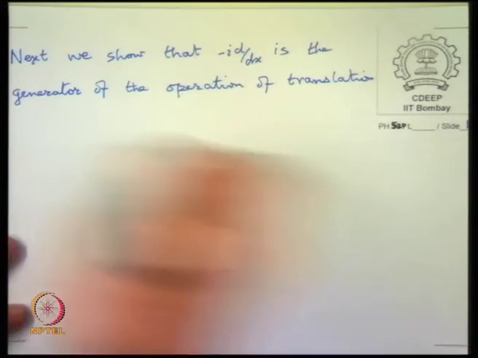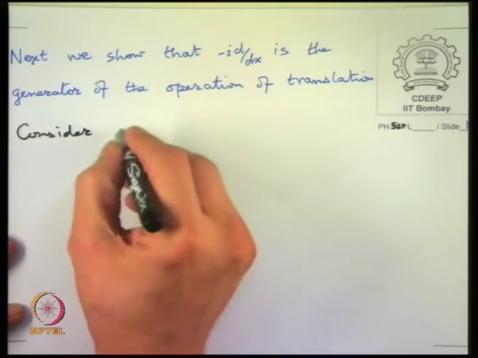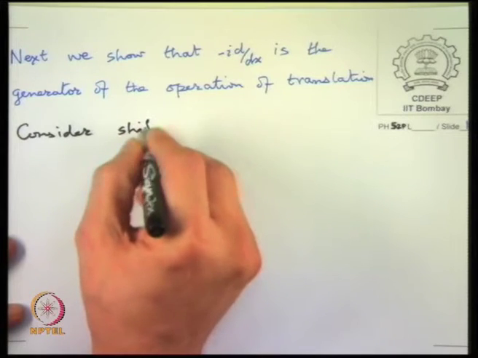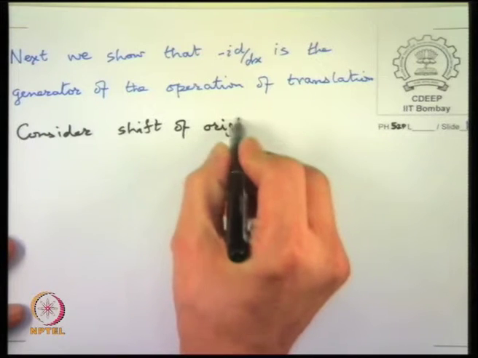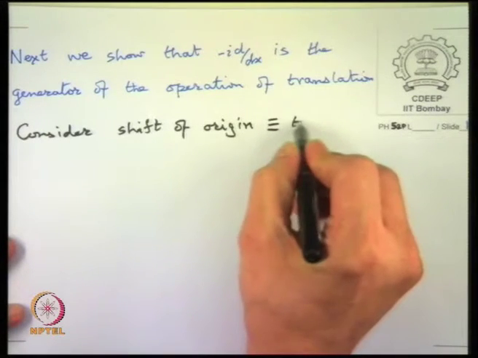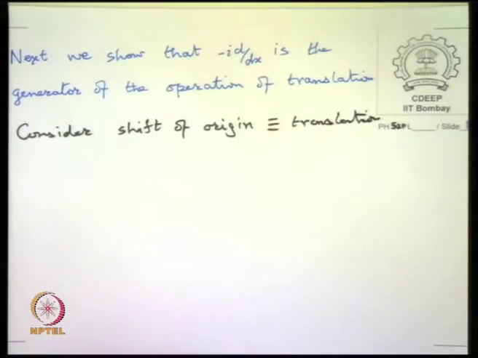So let us draw some pictures. So consider translations. Shift of origin, that is the meaning of translation. And again, as we did for the rotations, either you have active rotations where you rotate your vector, or you shift the origin, which is the passive action.